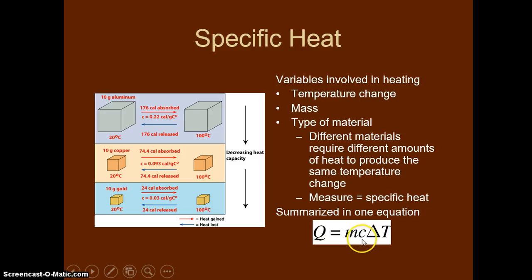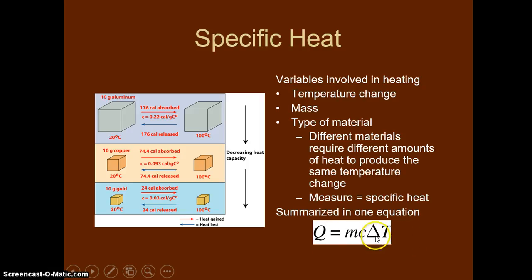They're in calories divided by grams, and also in the denominator with grams is degrees Celsius. Okay, and then the change in temperature. So anytime you have delta T, it means the final quantity minus the initial, so it's the final temperature minus the initial temperature. Those temperatures have to be in degrees Celsius.